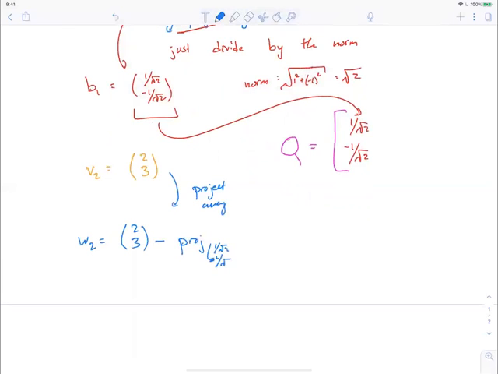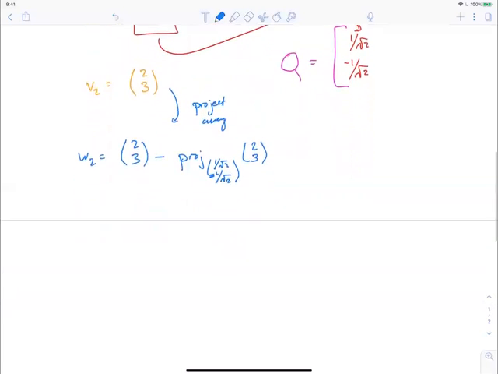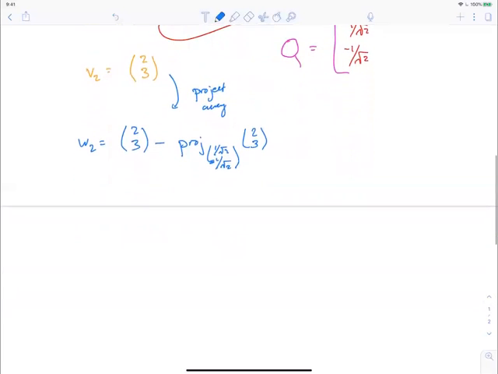There's a minus right there. And this is going to give us 2, 3 minus a lot of arithmetic here.